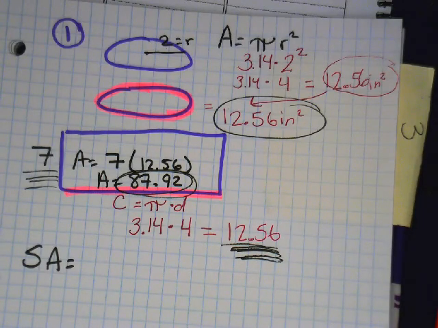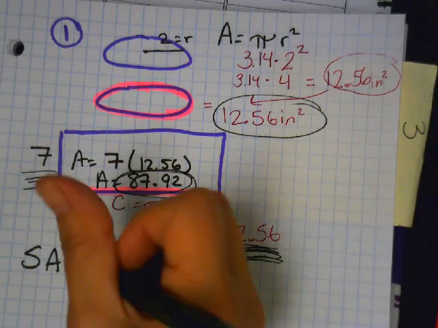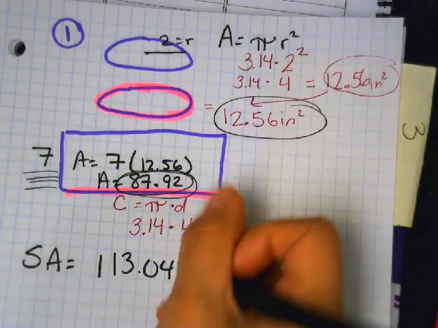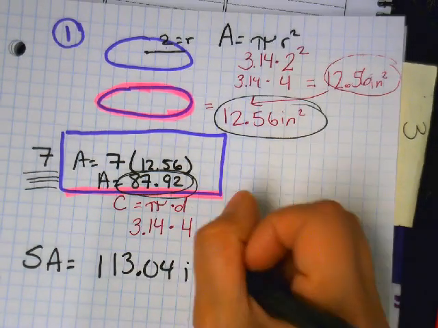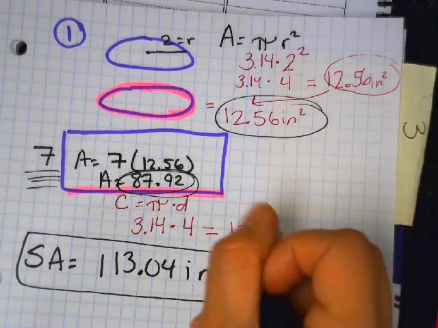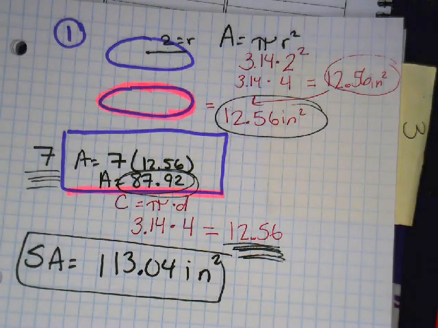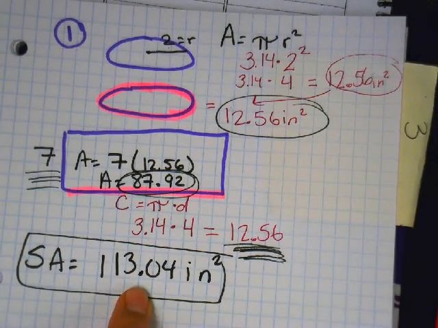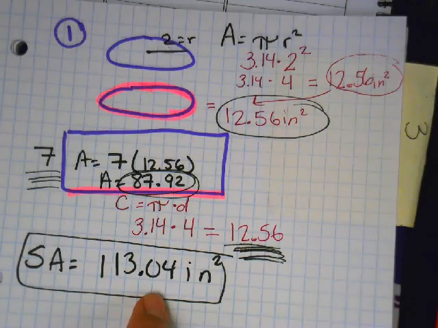So what do you get when you add 12.56, 12.56, 87.92? 113.04 inches squared. So if I wanted to wrap a nacho cheese can for your birthday, I would need 113 square inches of wrapping paper.